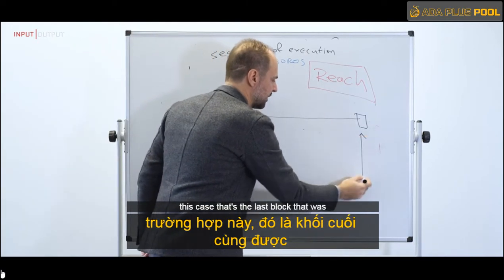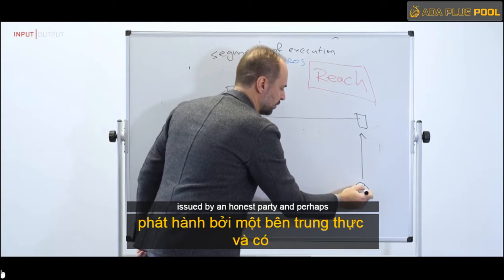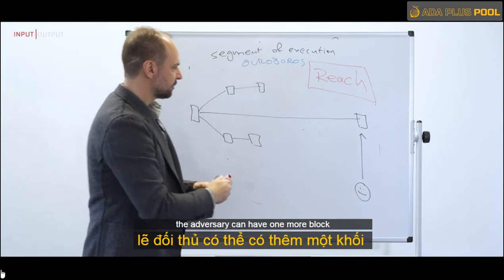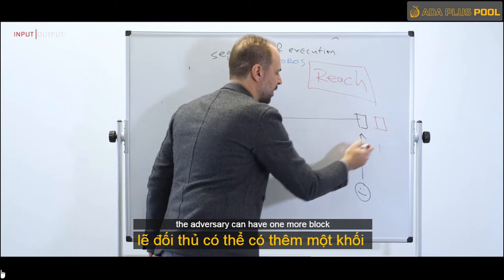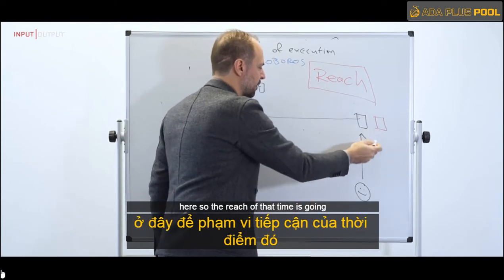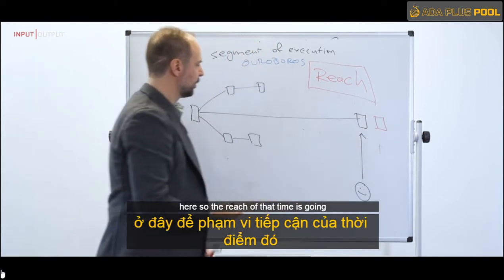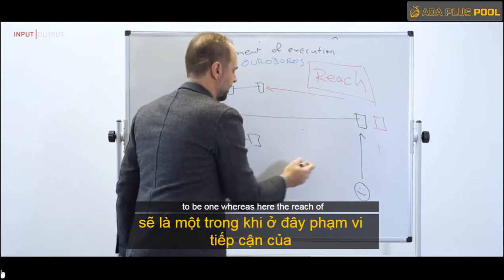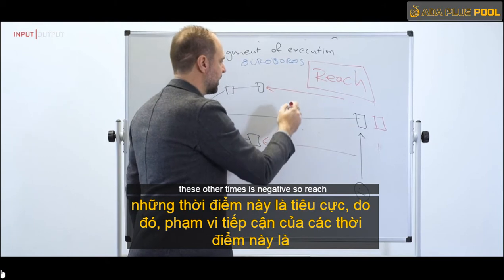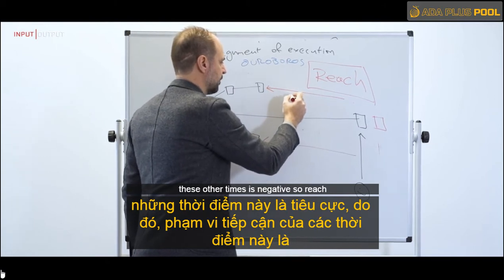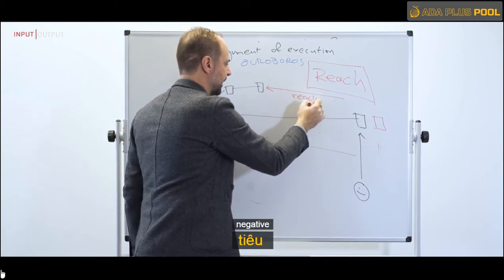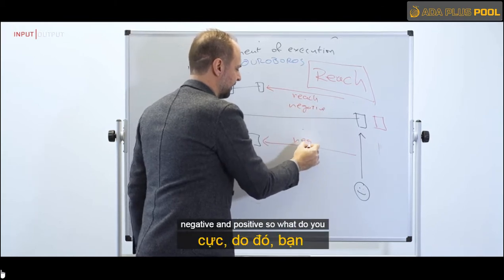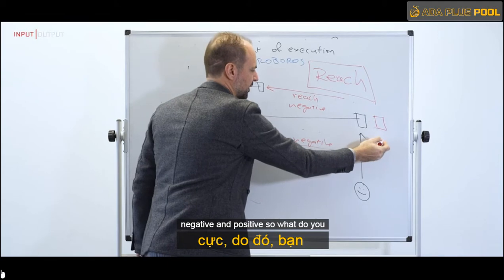So in this case, that's the last block issued by an honest party, and perhaps the adversary can have one more block here, so the reach of that tine is going to be 1, whereas here the reach of these other tines is negative. So reach: negative, negative, and positive.